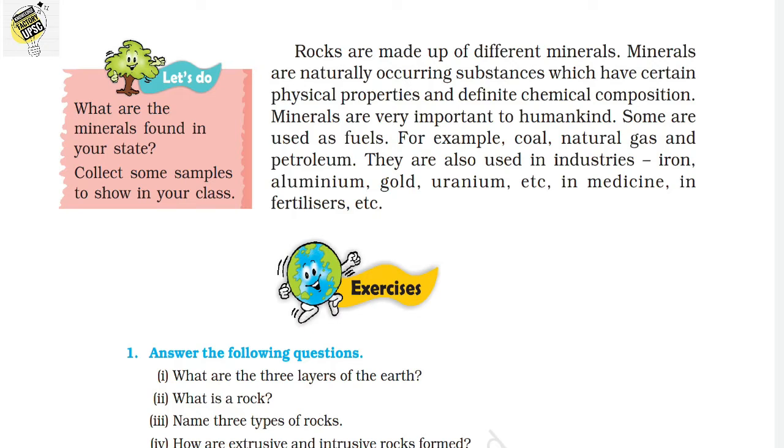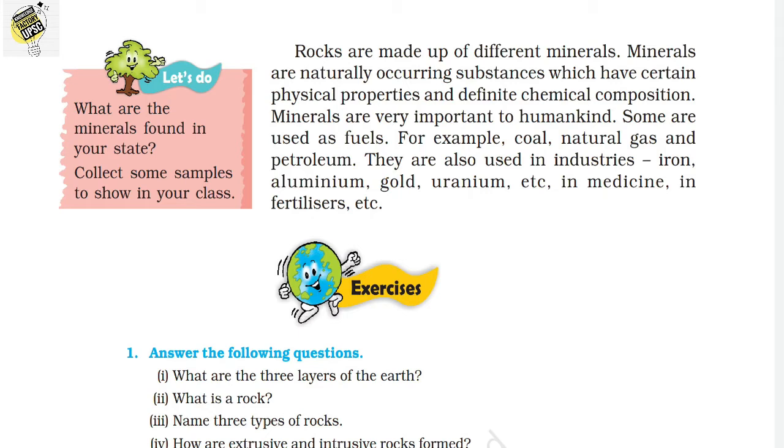So minerals are very useful because they are used as fuels, in industries, as instruments such as gold or aluminium, in power plants such as uranium, and some even in medicines and fertilizers.